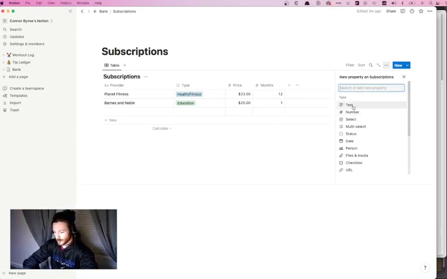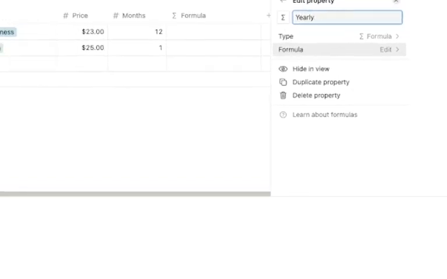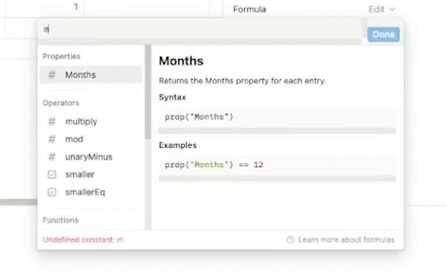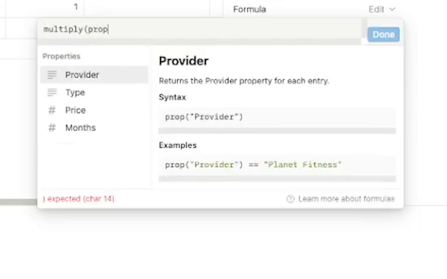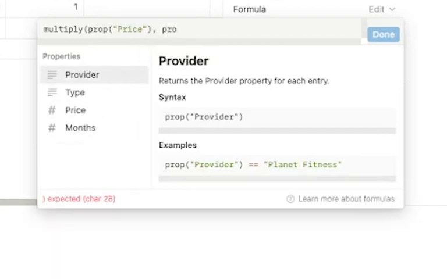So we can create a formula, in this formula, we are going to call it yearly. And the reason we're going to call it yearly is just the amount of money you spend yearly. In order to get this calculation, we are going to multiply by prop price and prop months.